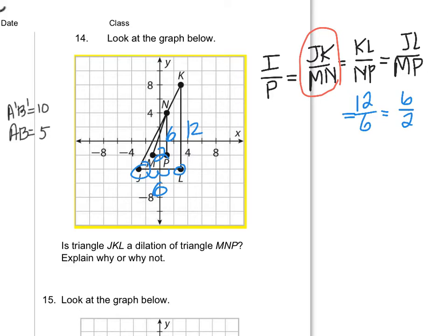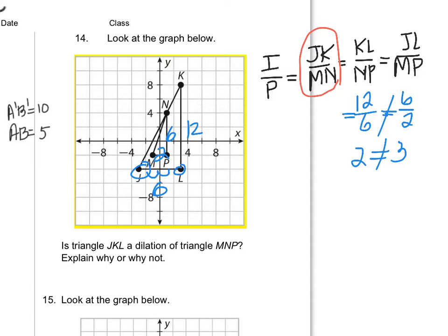So we might not need to do distance formula because these are not equal. 2 over 6 gives us 2, and 6 over 2 gives us 3, and these are not equal numbers. So we escape from doing the distance formula there.